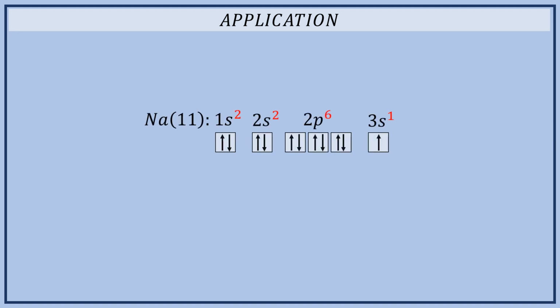The electronic configuration of sodium is 1s2, 2s2, 2p6 and 3s1. In orbitals, we represent the electronic configuration in the form of square boxes for an orbital, and we represent the electrons with arrows having opposite direction. So let us understand their meaning and the associated terms to it.